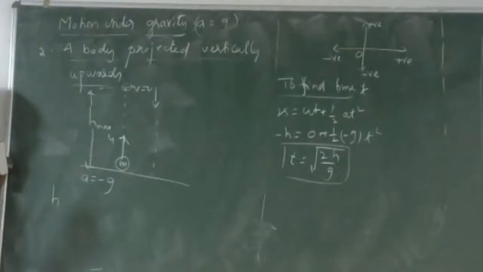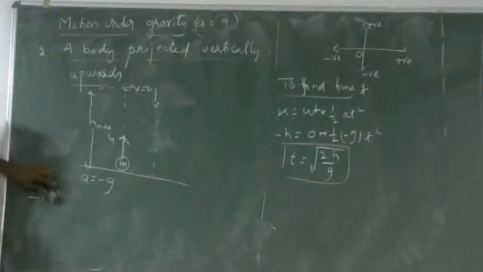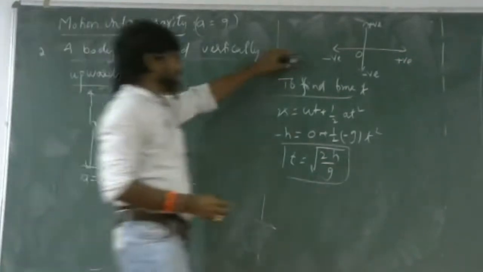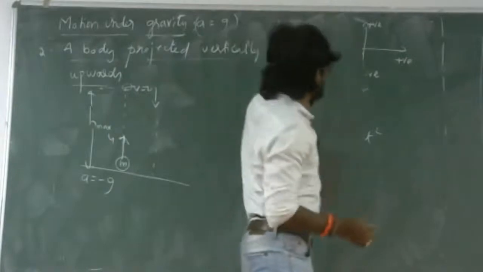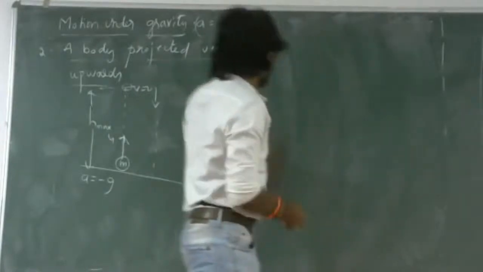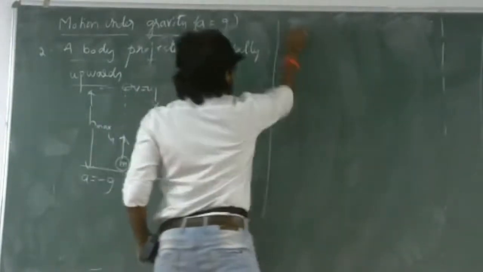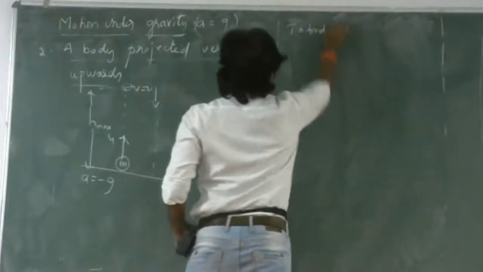That is nothing but v square equal to u square plus 2as. Write the heading: to find maximum height, h max.